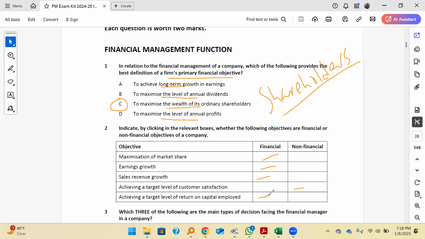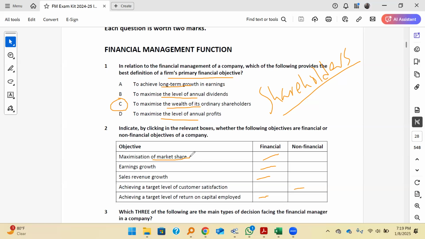Now, there is one objective that I put as financial up here, say market share. But what is market share? Market share basically represents the proportion of the total customer base that you actually own. For example, when you look at MTN and the people using SIM cards in Uganda, market share is how many people use MTN.